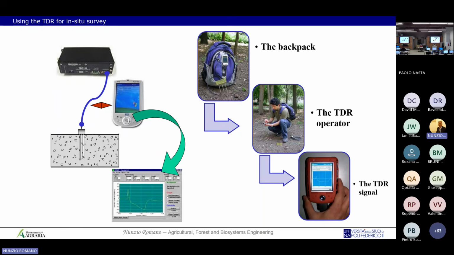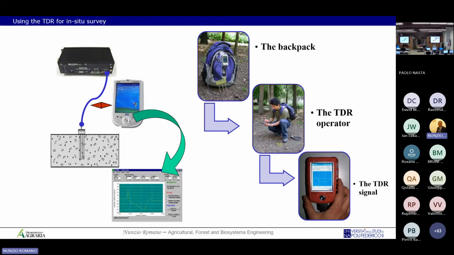I hope that this is very important to transfer to you the experience that Paolo and I had with the TDR. We just want to be clear. The TDR measurement is not that you put the probe in the soil and then read 0.35.